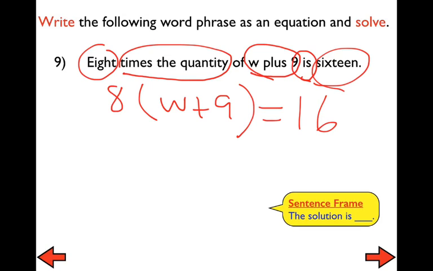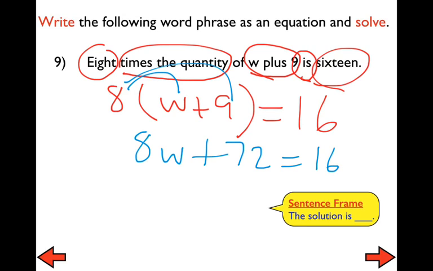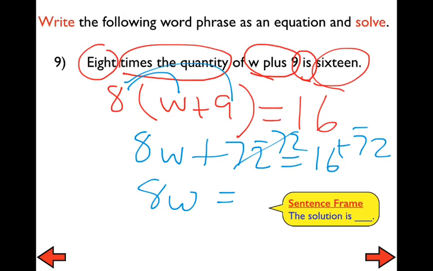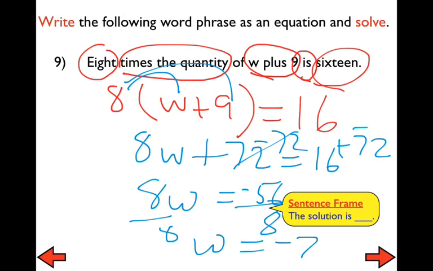From there, you solve it like we've solved other problems today. 8 times w plus 8 times 9 is equal to 16. Then we have to subtract 72 from both sides. We end up with 8w equals negative 56. Divide both sides by 8, and the solution is w equals negative 7.